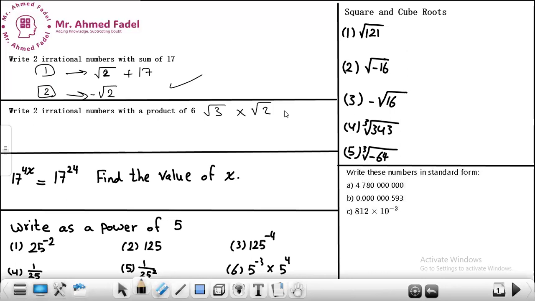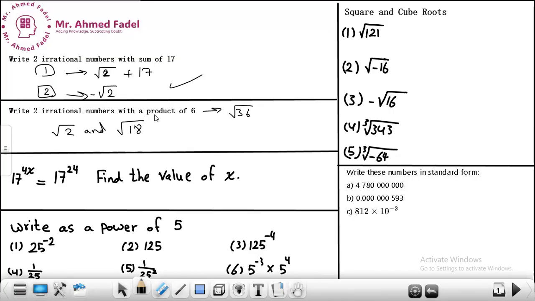This is not right. This is wrong because it is going to give you square root of 6, which is not 6. So the only right answer would be something that gives me square root of 36. Two irrational numbers that give you square root of 36. So I can write square root of 2 and square root of 18.